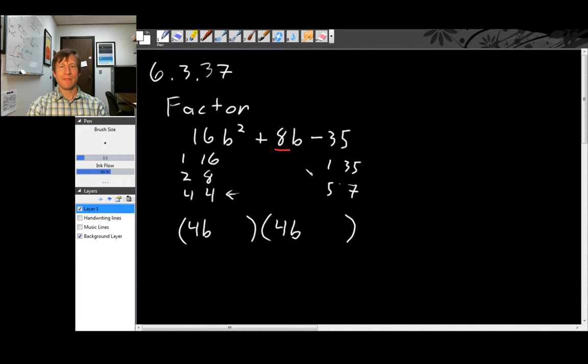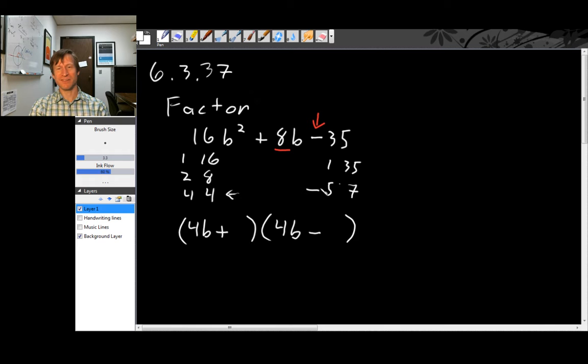Now, because there's a minus sign on our constant term, we know that the signs in the middle are going to have to be a plus and a minus, so that when you multiply the constant term on the left with the constant term on the right, you get a negative number. So now I have to guess, should I guess 1 and 35 or 5 and 7?